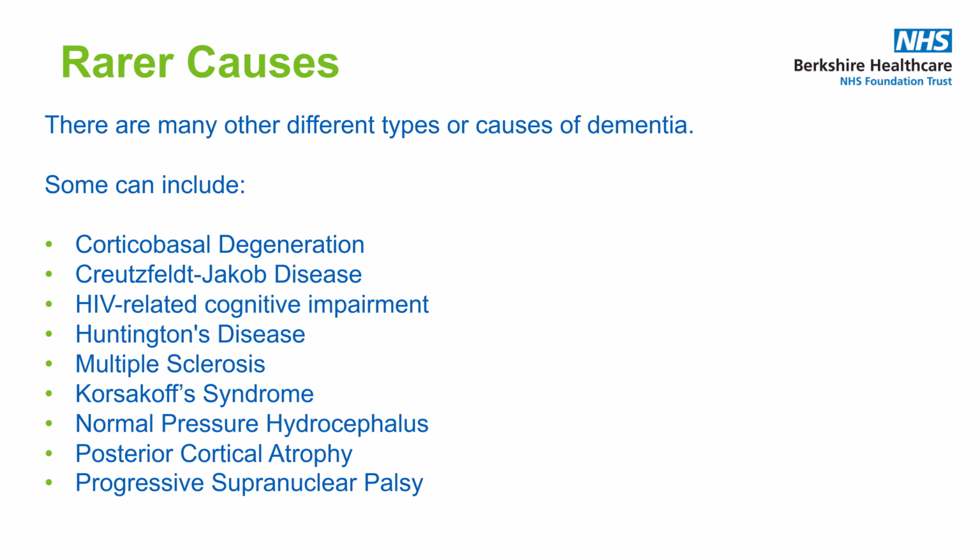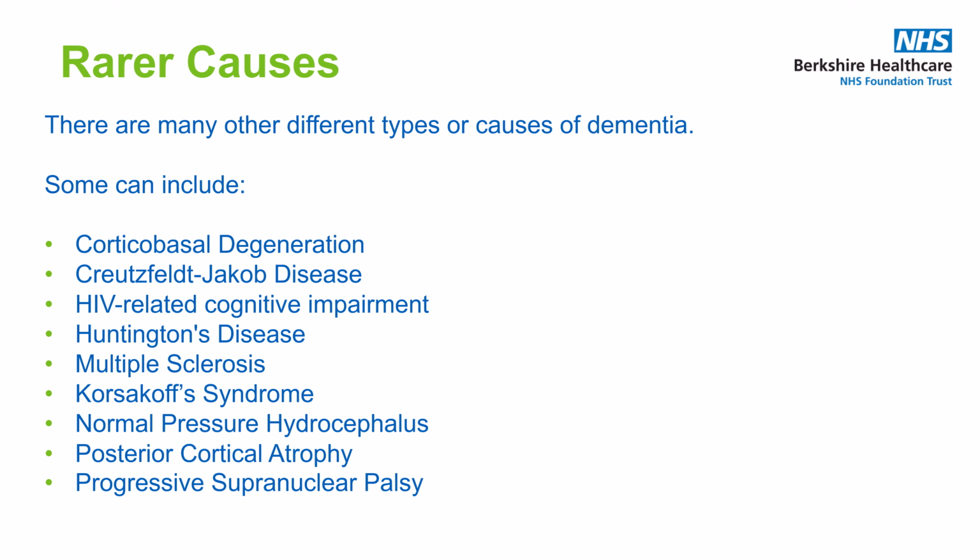So we've tried to concentrate on the more common forms of dementia, but there are a number of even rarer types which are listed here. So things like corticobasal degeneration, where people can have cognitive impairment, but also quite significant impairment of mobility, and it affects their limbs and the use of their limbs.